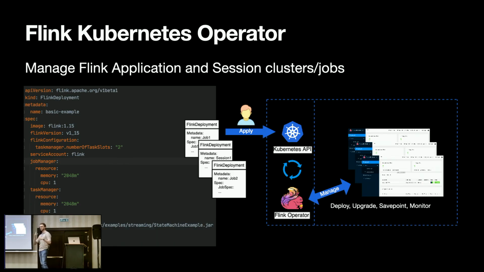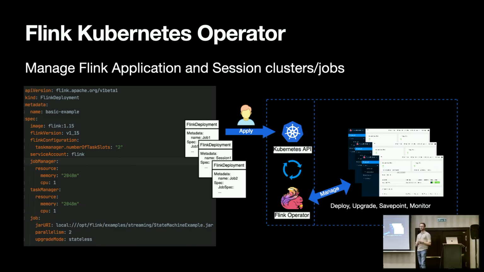You don't have to code around it and make sure you have your fault tolerance logic inside your deployment scripts and whatnot. It is all part of the implementation, and it's actively developed by a large part of the Flink community. So this is a super convenient way of running Flink on Kubernetes, and the project is also quite mature at this point.